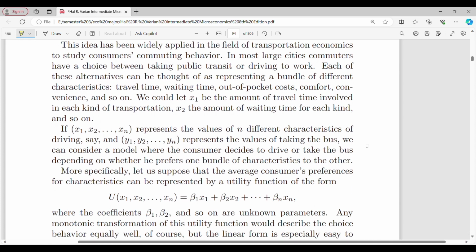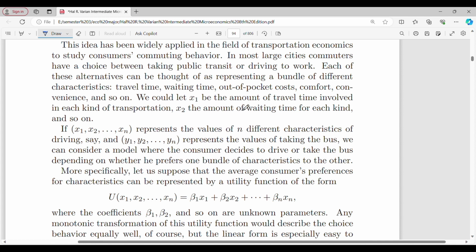So this idea has been widely applied in the field of transportation economics to study consumers' commuting behavior. In most large cities, commuters have a choice between taking public transit or driving to work. Each of these alternatives can be thought of as representing a bundle of different characteristics like travel time, waiting time, out of pocket cost, comfort, convenience, and so on.